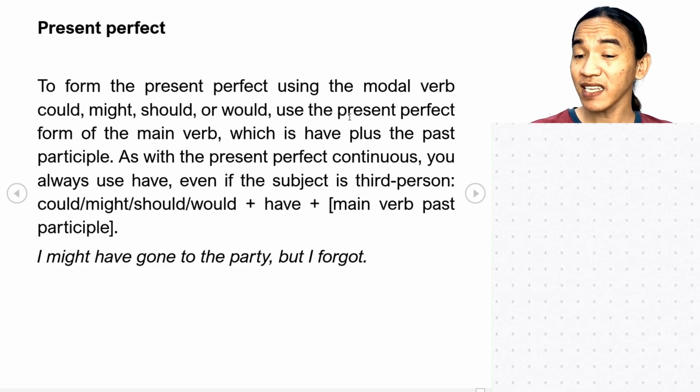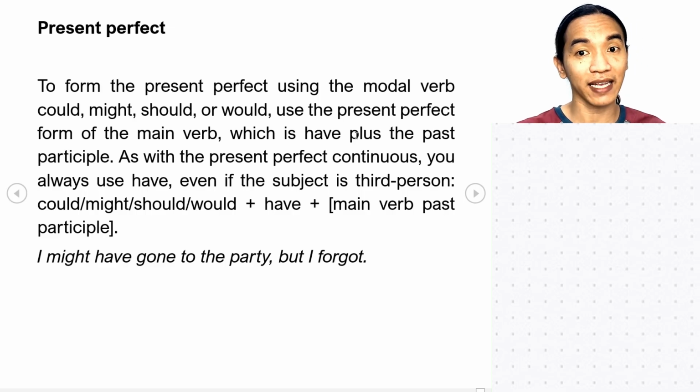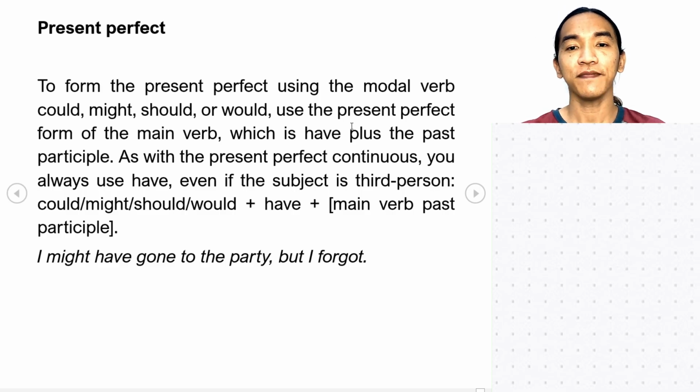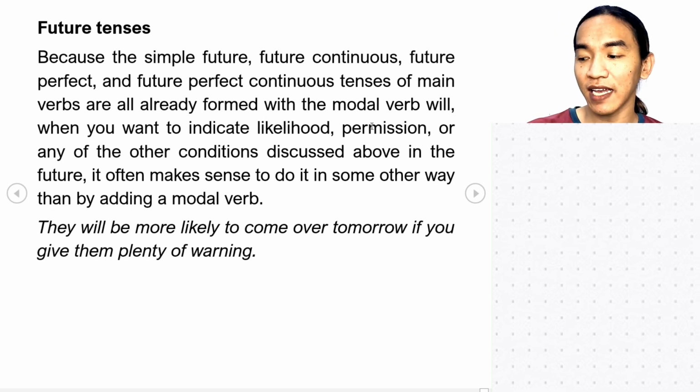Could, might, should, would, have plus main verb, past participle. Example, I might have gone to the party, but I forgot. So this is in the past, okay? Present perfect, might have gone, okay? Now, future tense.